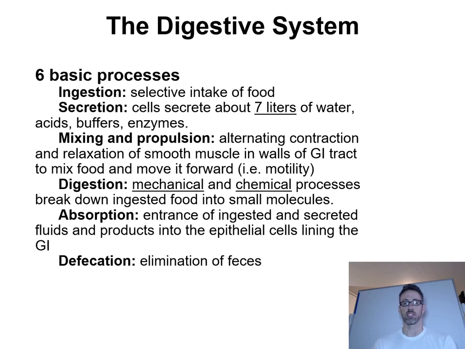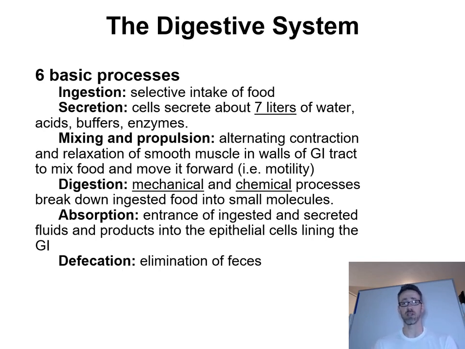And then digestion is actually the mechanical and chemical process of breaking down ingested food into smaller molecules that the surface cells can actually absorb. And so the next video lecture on the GI will go into more about the digestive processes and some of the chemicals and compounds that are involved in that.